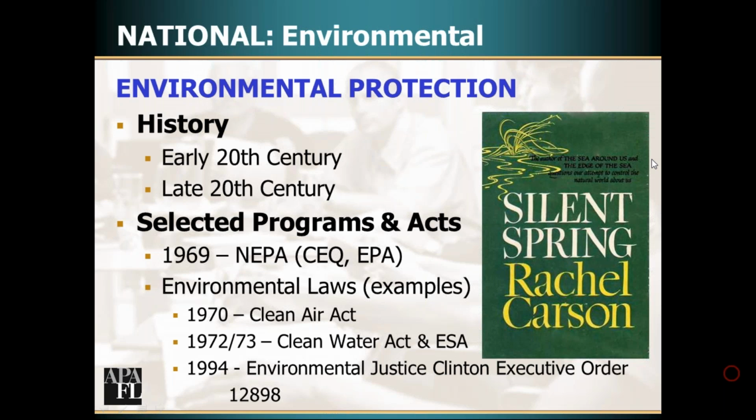And so you started to get things like the Clean Air Act, the Clean Water Act, the Endangered Species Act, and on and on. Then the next big change to NEPA was in '94, when environmental justice was added as another concern through Executive Order 12898 under President Clinton. That was an add-on to NEPA.